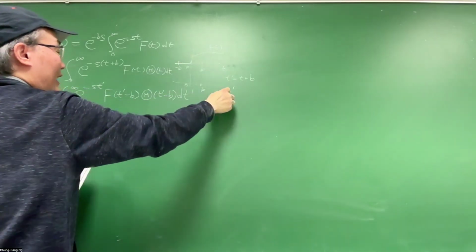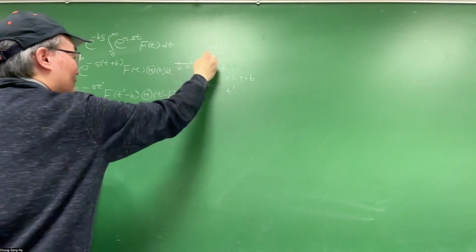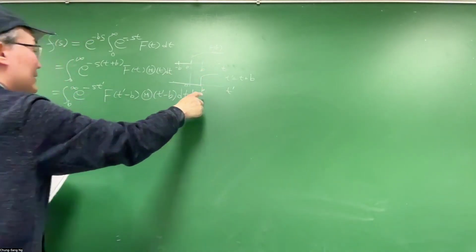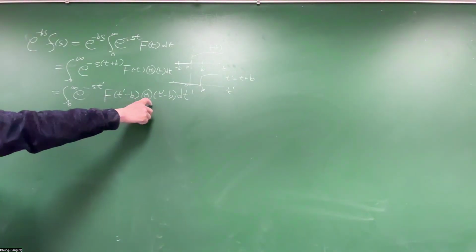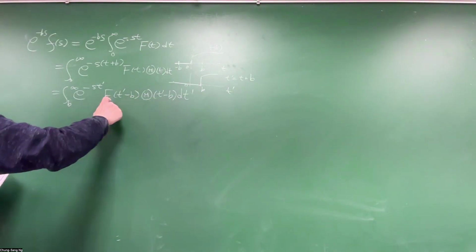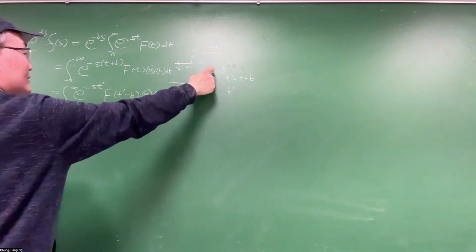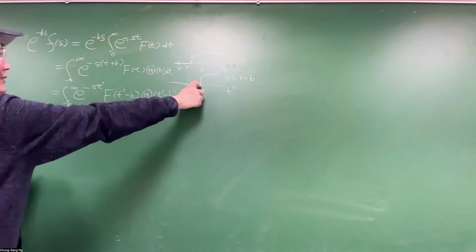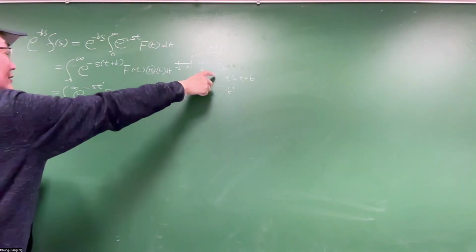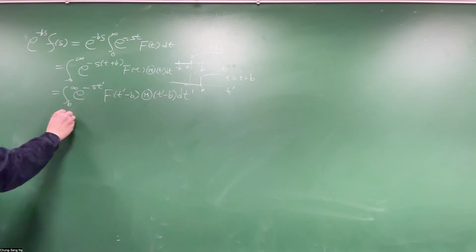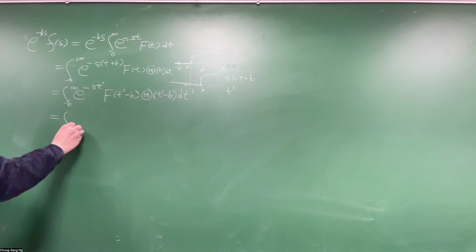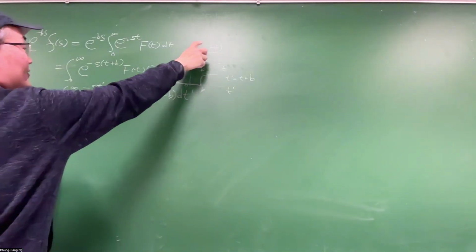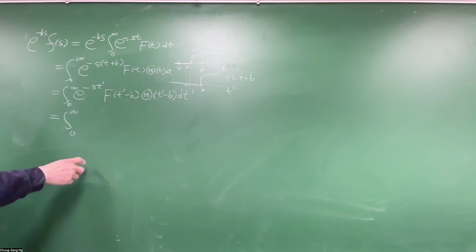So this function, after you change the variable, you actually shift the whole function to the right. This is your function, which is multiplied by the step function, like that. And because it's 0 from 0 to b anyway, you can write your integration variable starting from 0, because from 0 to b the integrand is 0.